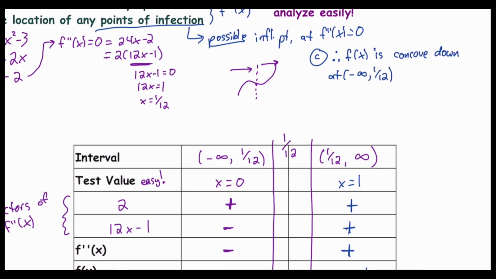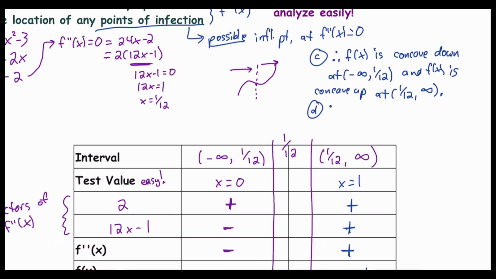Once again, it's up to you which notation you want to use to define that. I don't really care. And f of x is concave up at 1 over 12 to positive infinity.